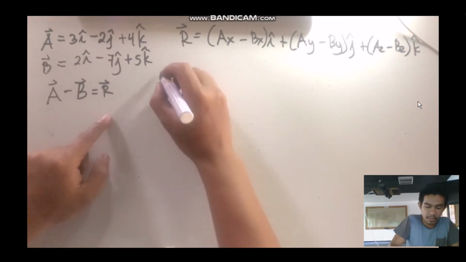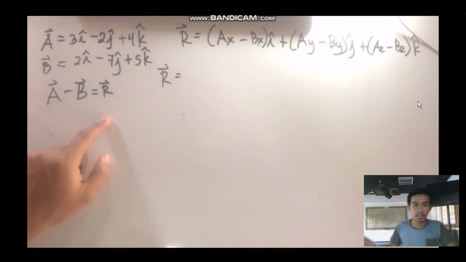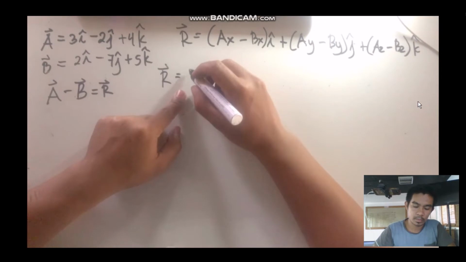Alright, so vector R equals, what's A of x?